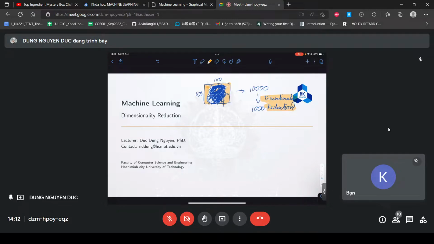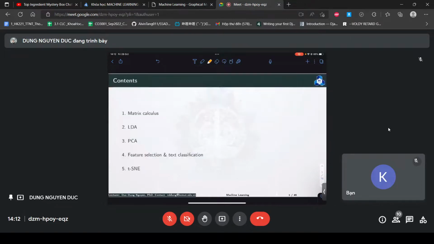So let's see. I can start with the agenda today. We are going to review a little bit of matrix calculus first, and then we will talk about LDA as well as PCA, and finally, we may discuss some extra techniques like t-SNE. Those may be useful for you in the long run.